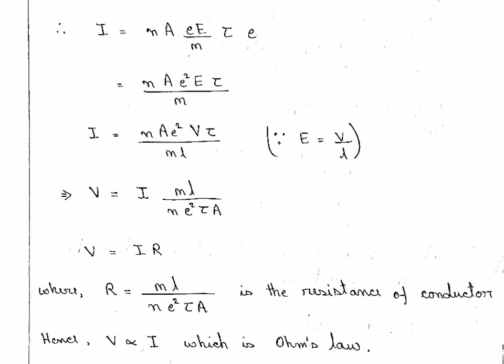So hence your V is equal to IR, which is Ohm's law, or I is directly proportional to the potential difference. So this is the proof of Ohm's law.